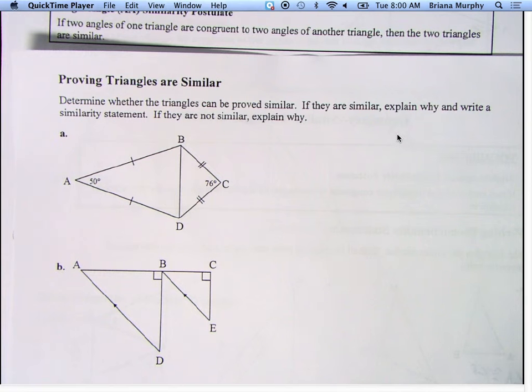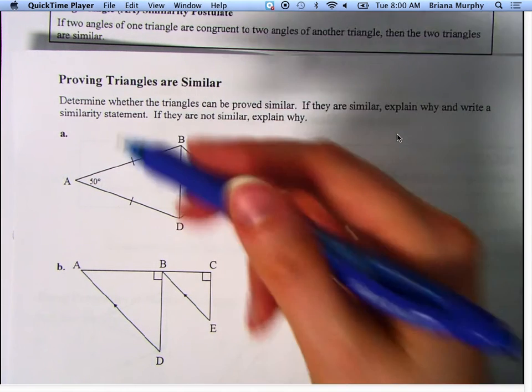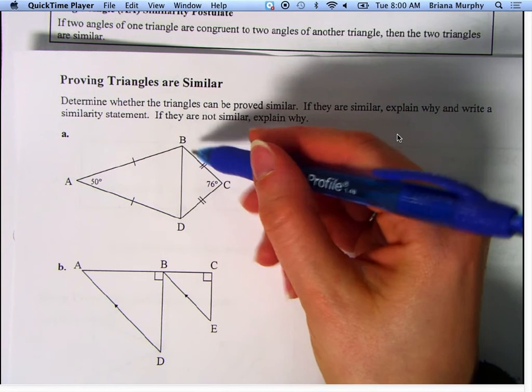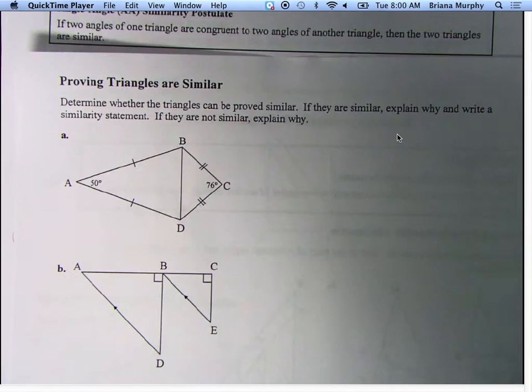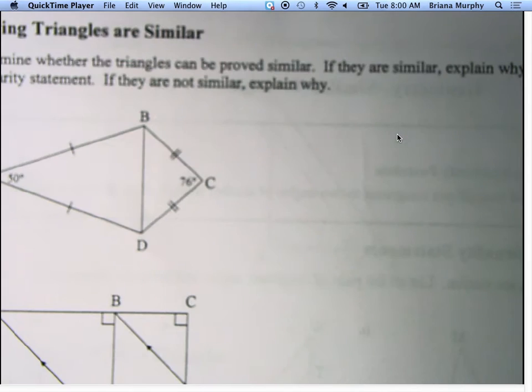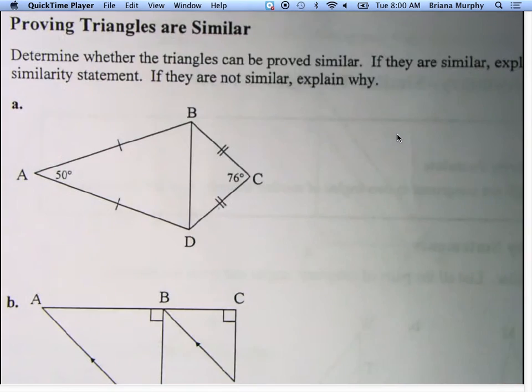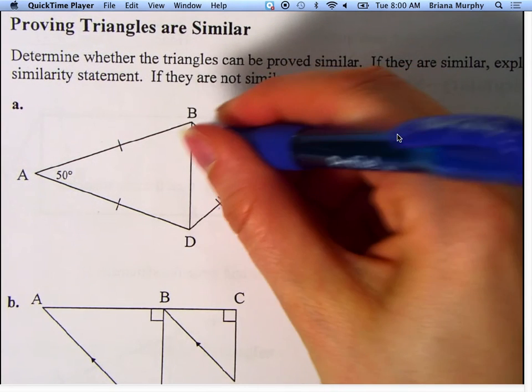Because they don't have the same angles and their sides aren't proportional to each other. So, we know that these two sides are the same, right? So, that means that these two angles have to be the same, correct?